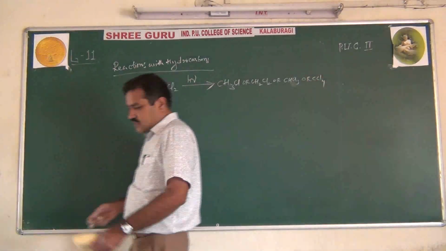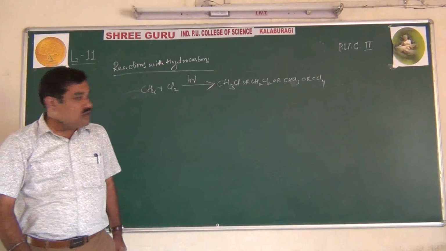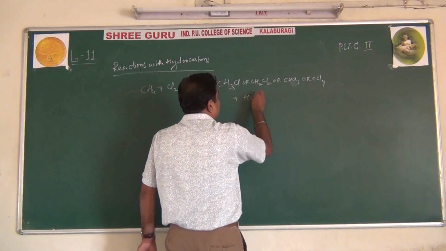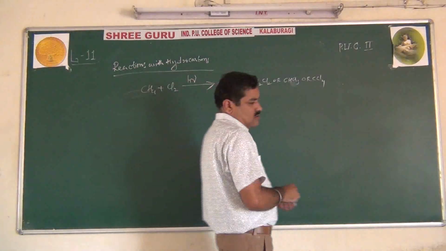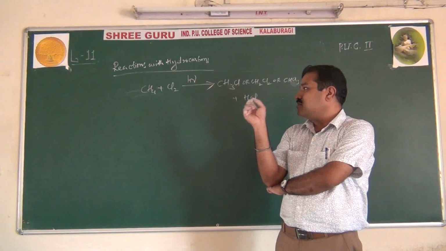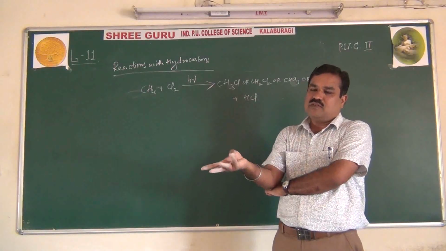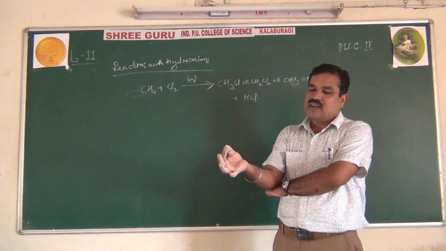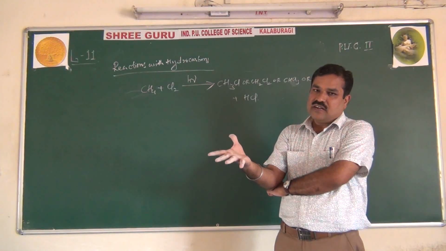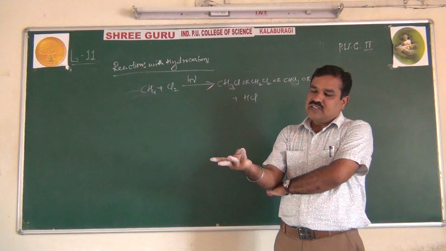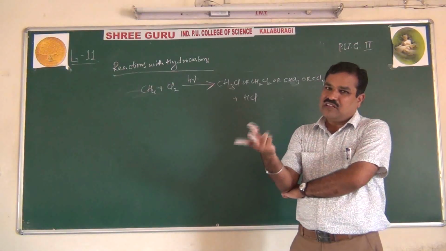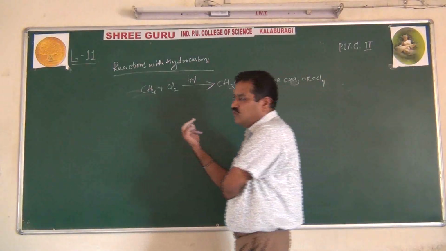It proceeds by a free radical mechanism until all the hydrogen atoms are replaced by chlorine. It forms monosubstituted, disubstituted, trisubstituted and tetrasubstituted products: methyl chloride, methylene chloride, chloroform, carbon tetrachloride. Monochloromethane, dichloromethane, trichloromethane, tetrachloromethane. Trichloromethane itself is called chloroform.